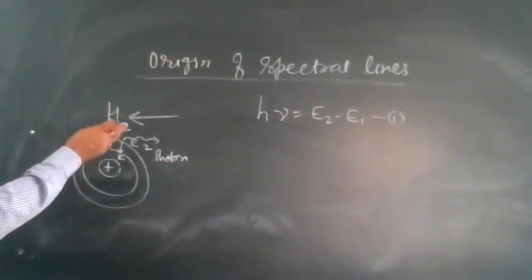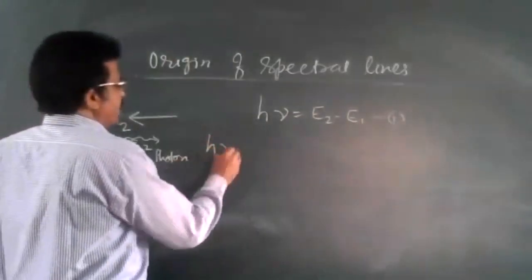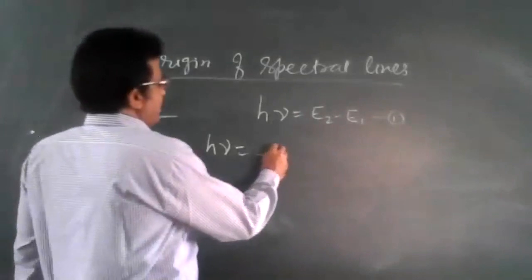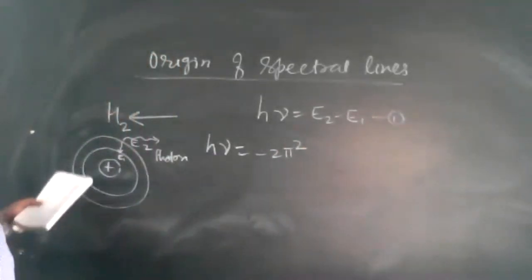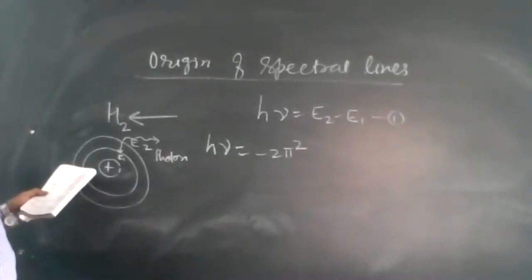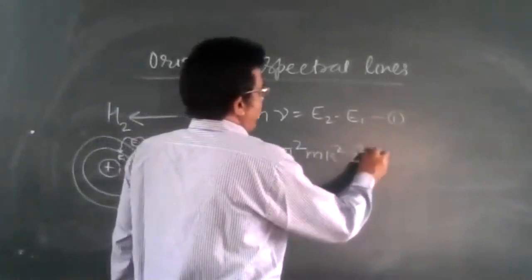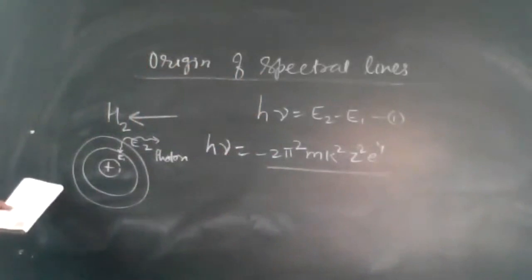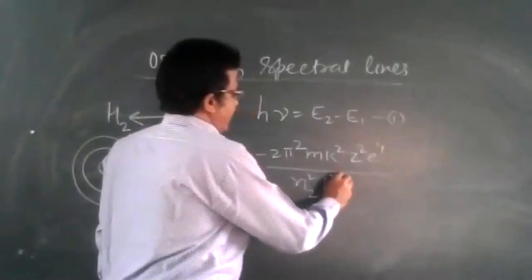Using our equations of energy, I can write h nu comes out to be, what is the value of energy here? You know very well, that is minus 2 pi square m k square z square e to the power 4 divided by n2 square h square.